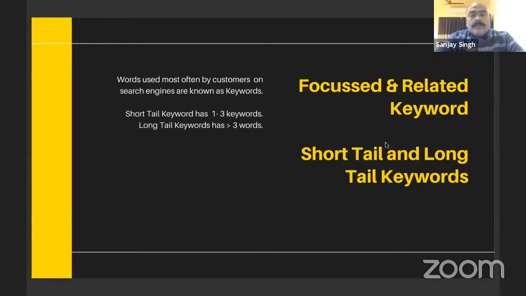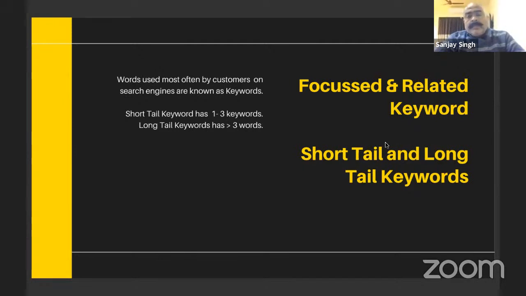Now the whole of social media marketing has gone towards long tail keywords, because it was seen that people do not search with one word or two words. They normally search with a phrase. And over a period of time, the phrase is now being recognized as a word rather than treating the phrase as seven different words. All right, so you understand what a short tail and a long tail keyword is.